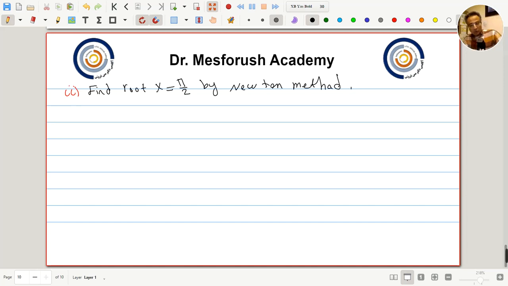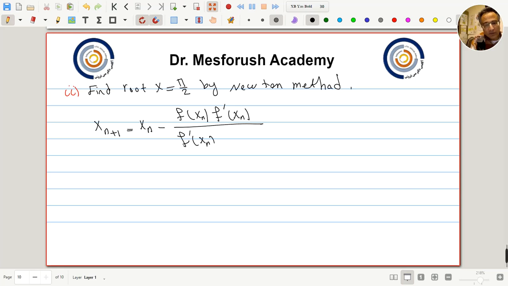In fact, we want to use the modified Newton method, and we know that the sequence should be x n plus 1 equal to x n minus f of x n times f prime of x n over f prime of x n squared minus f of x n times f double prime of x n.